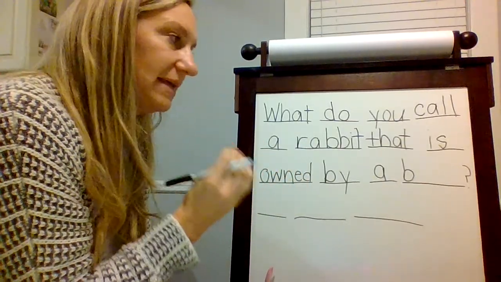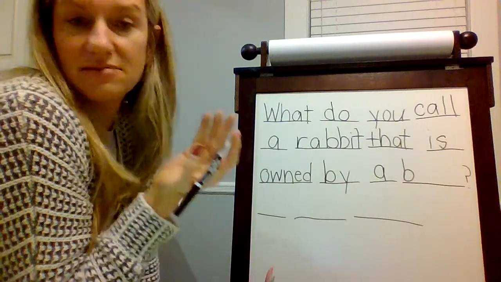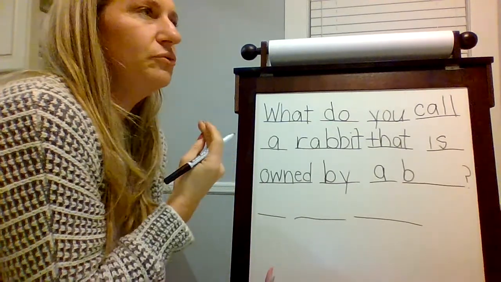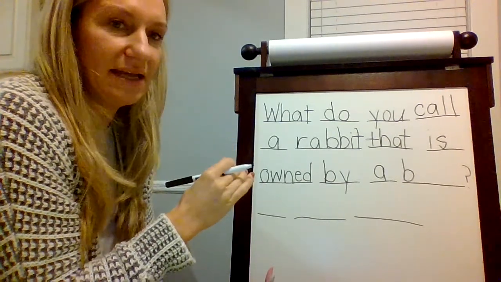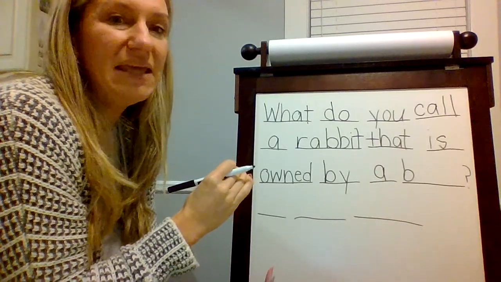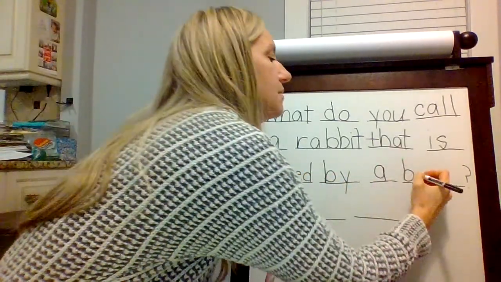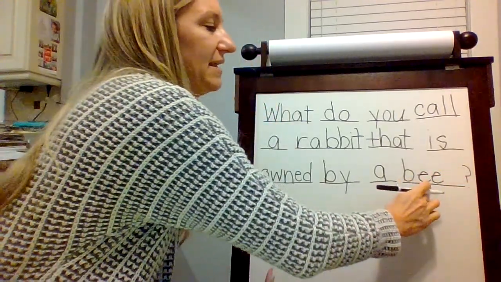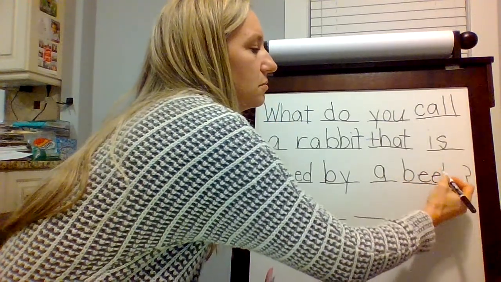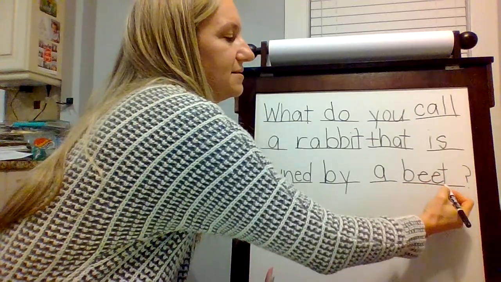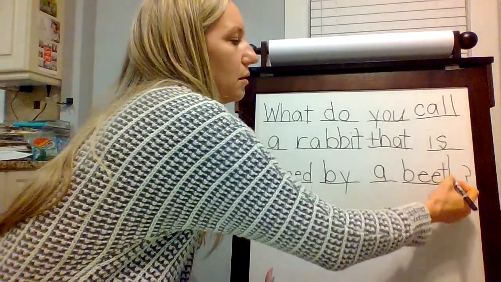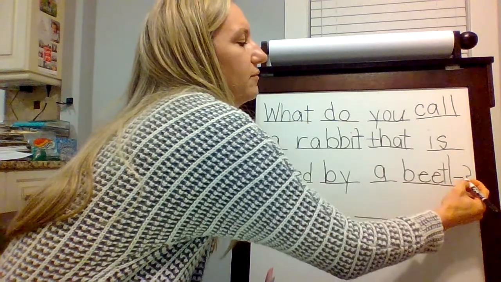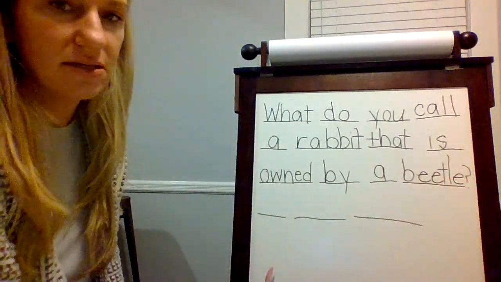We know EE, like B, says E, but we also know that EA can say E, like bead. This time it is E, E, eat, turtle, eat, lion, and then we have a quiet E at the end.